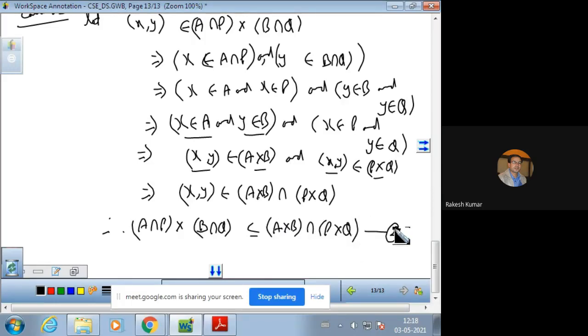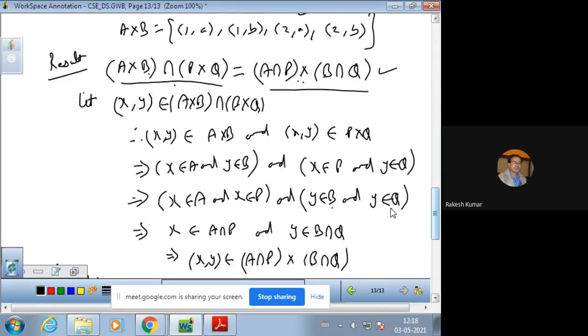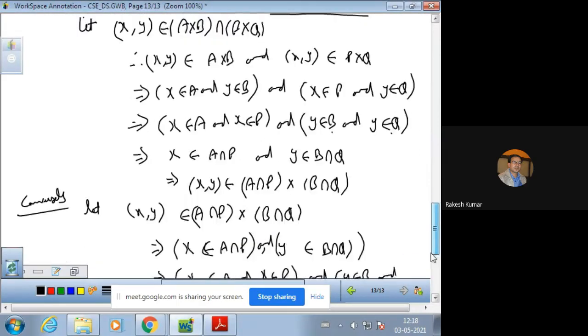Name it as number 2. Number 1 will be here. Here you have been able to compute, here you write A cross B intersection P cross Q is a subset of A intersection P cross B intersection Q. Name it as number 1.